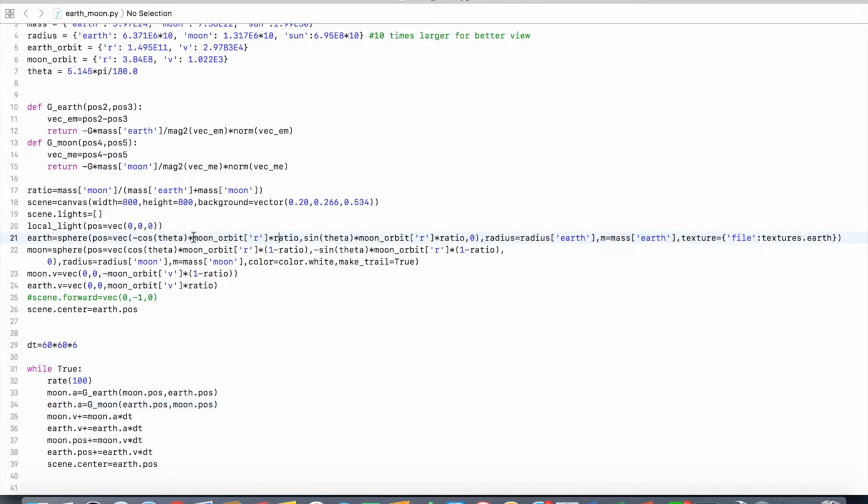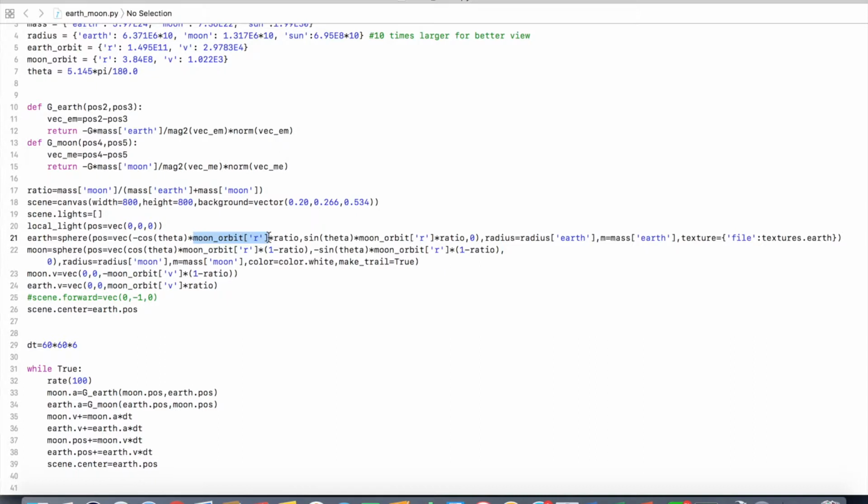Okay, and now we want to set the Earth and the Moon's original position. So instead of setting the Earth at the origin, I want to do this because, like I said, the two objects will be revolving around their center of mass. So my ideal situation will be that my center of mass is right at the origin. So to do so, the Moon's orbit r means the distance between the Earth and the Moon.